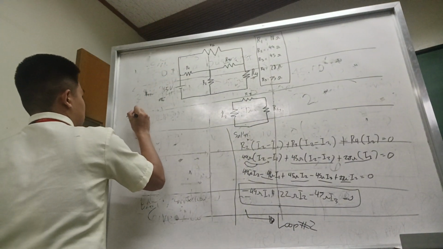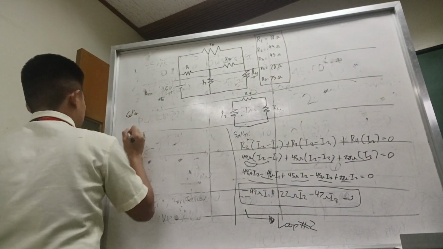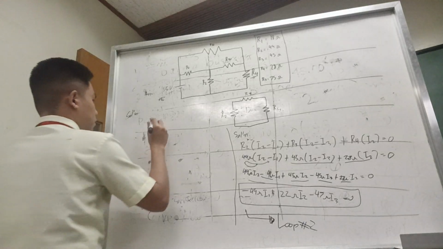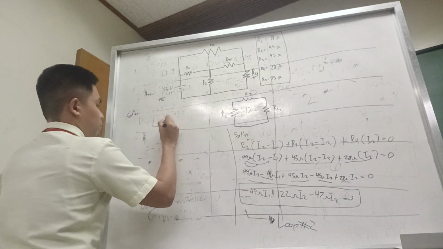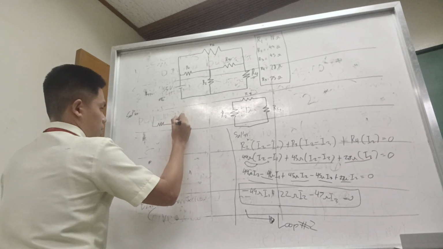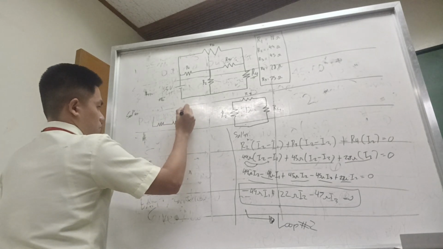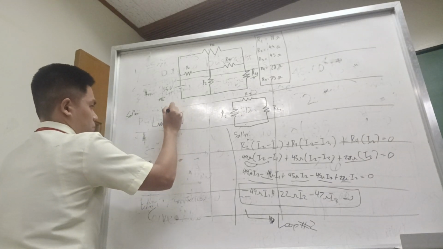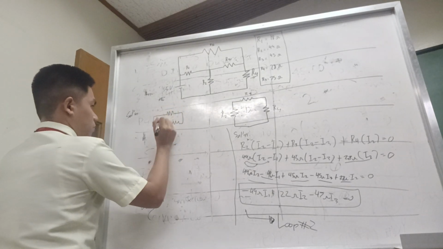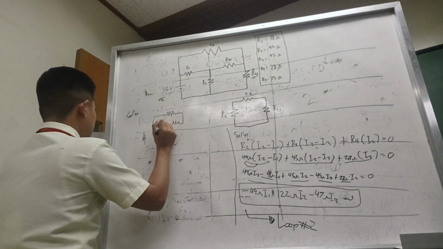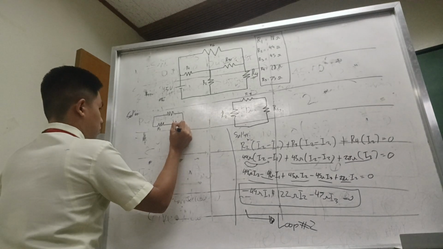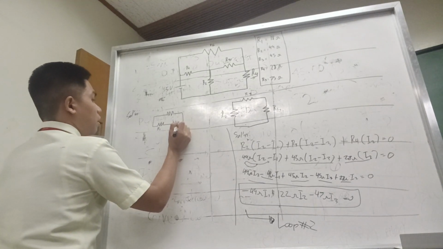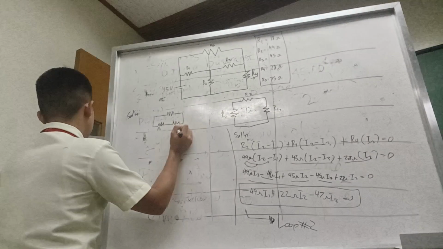Solution for loop 3, we need to write the diagram. This is R1, R2, R3 I mean.